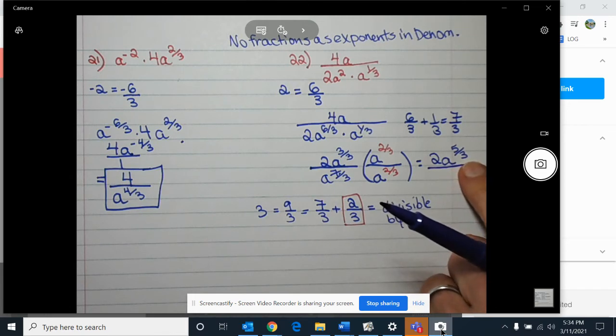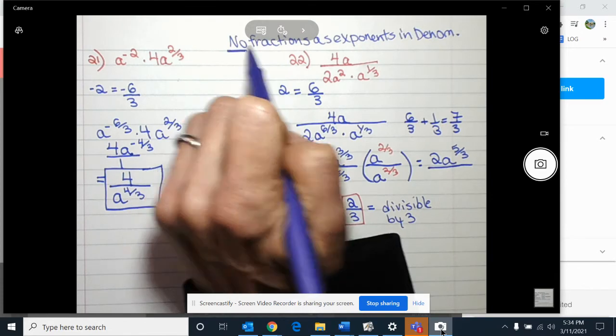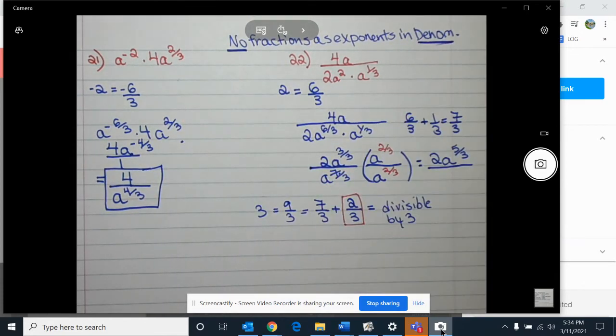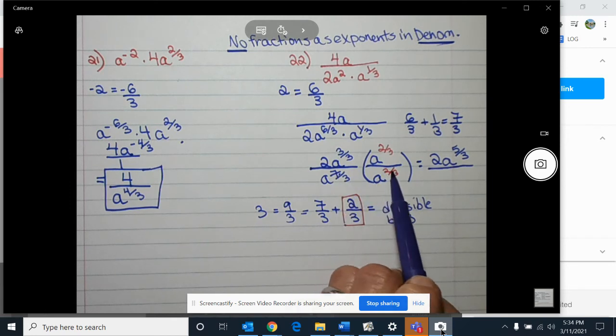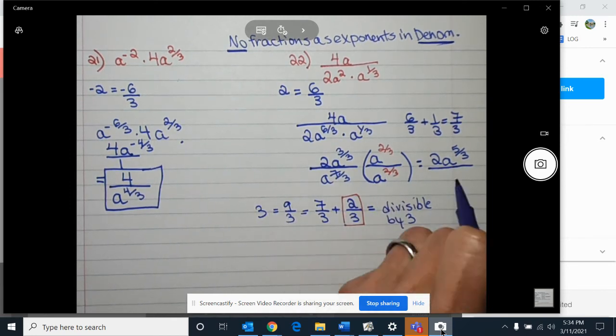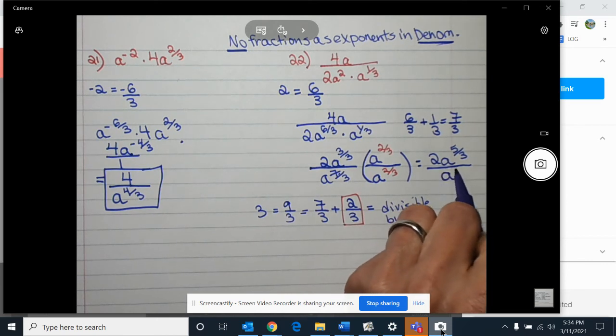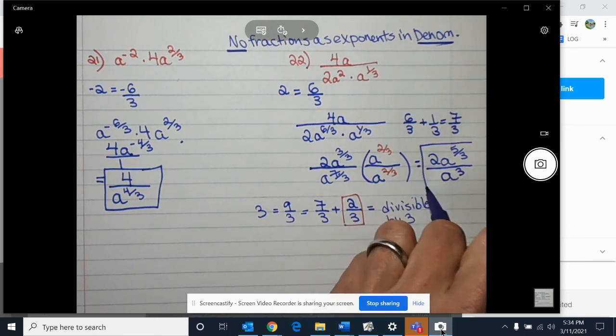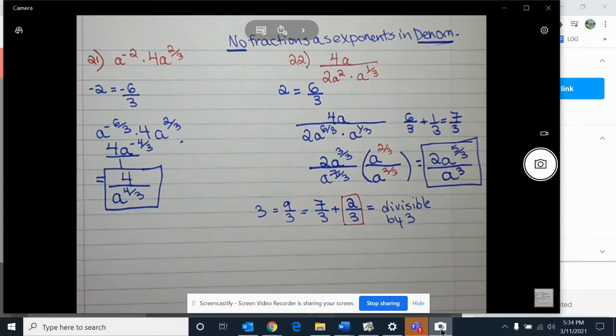We can have a fraction as an exponent as long as it's not in the denominator. And look at what happens here. 7 plus 2, 9. 9 divided by 3 is 3. So we have a to the 3rd power down below. And there's our final answer.